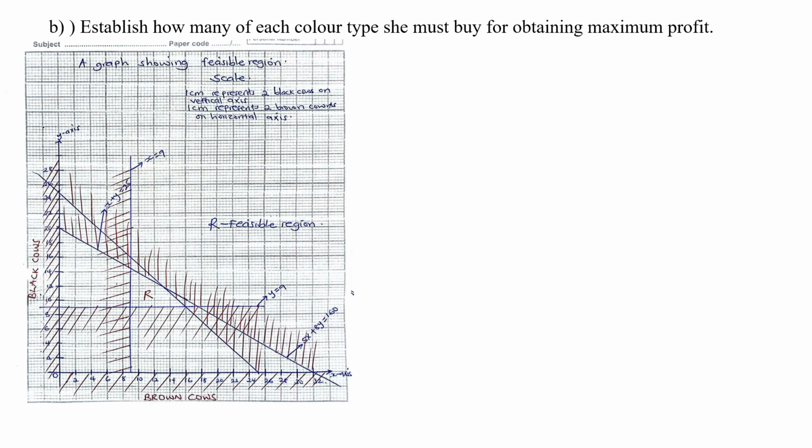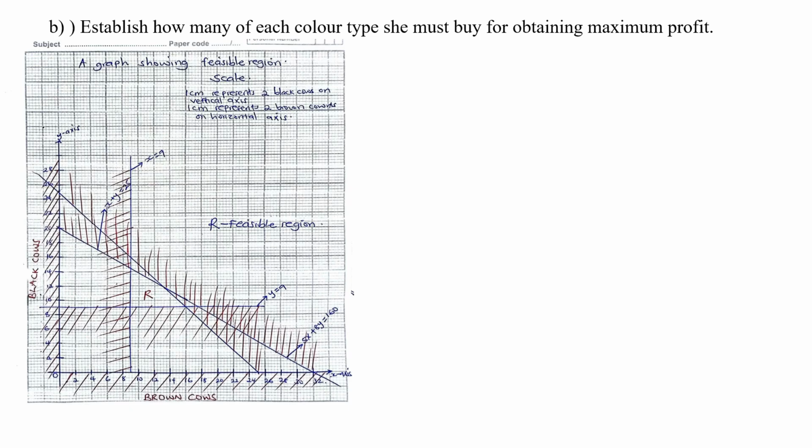Then part B says, establish how many of each color type she must buy for obtaining the maximum profit. Now, the point that we are going to use will be read from this feasible region, this region that remains unshaded.